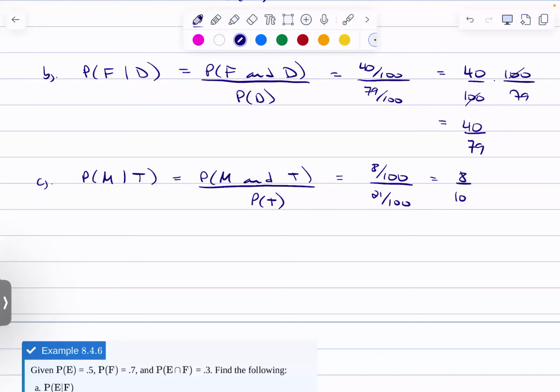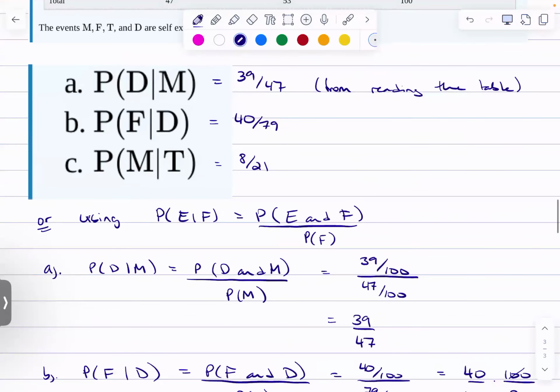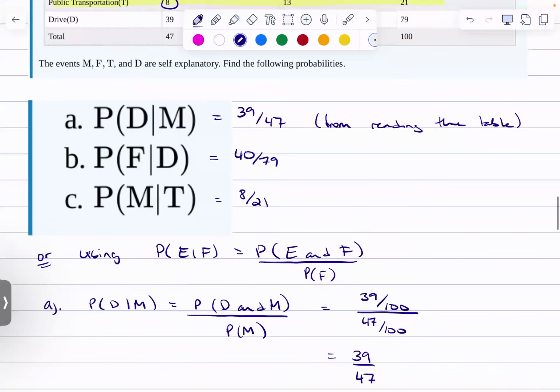Which is 8 over 100 times 100 over 21. Cancel, cancel. 8 over 21. But it'll always work. But so will reading the table if you read it carefully. That's the glitch, usually, if you don't read the table carefully enough.